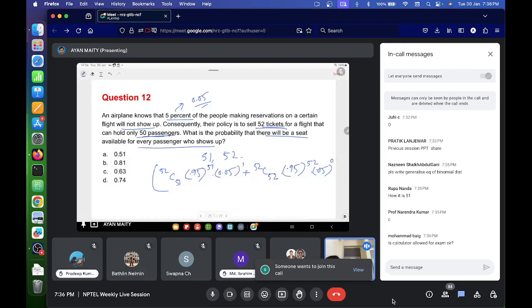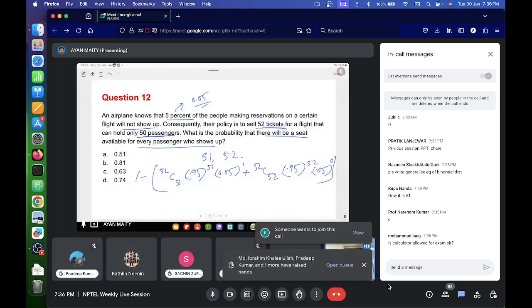So this probability, 1 minus this whole thing, is the probability that every passenger will get a seat.